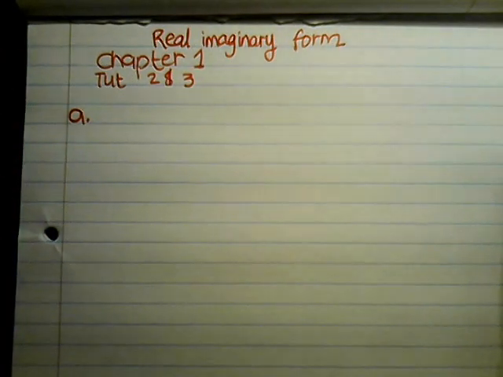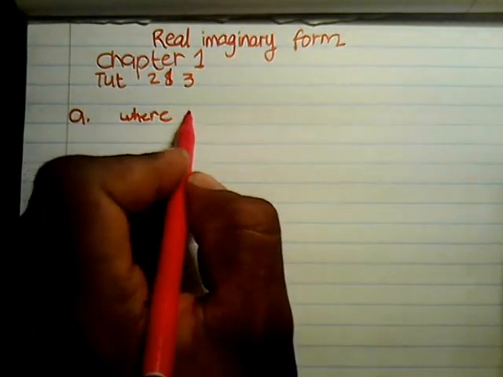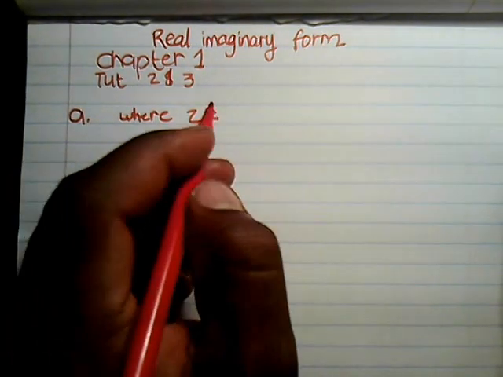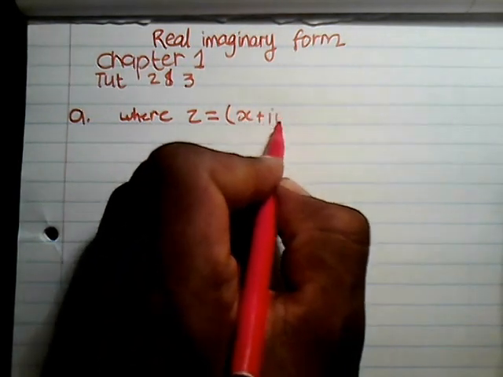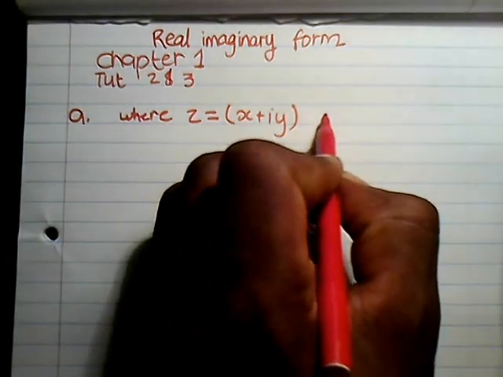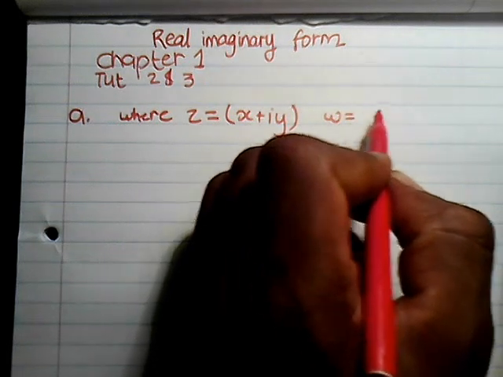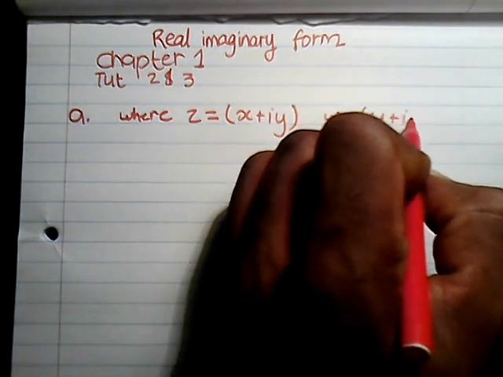It says, by expressing each side separately in terms of x, y, u, and v, where z is equal to x plus iy, and w is equal to u plus iv.